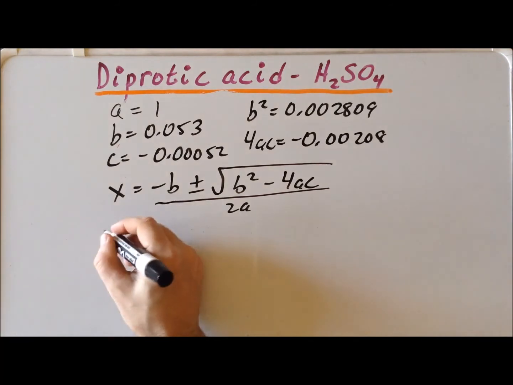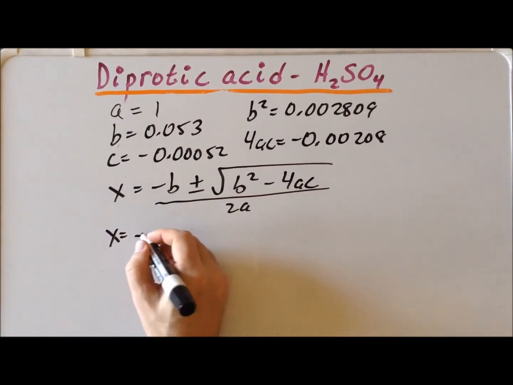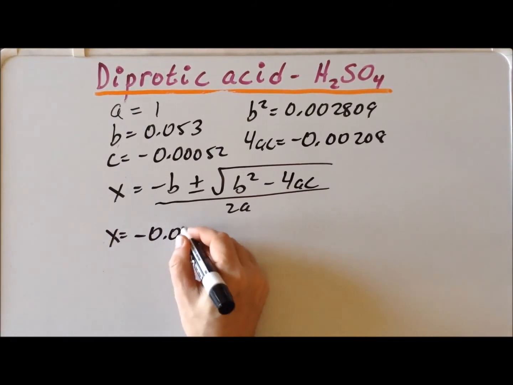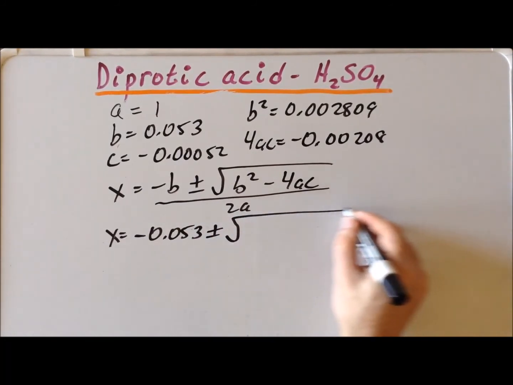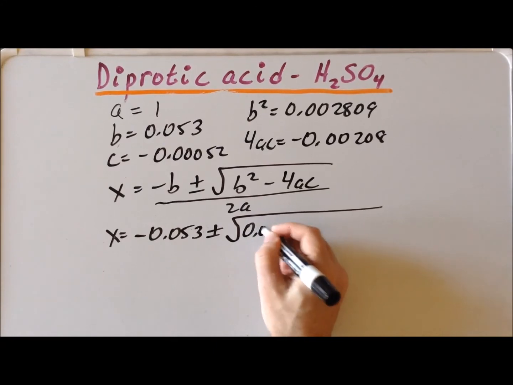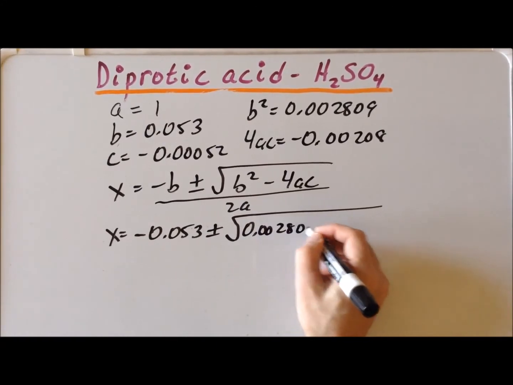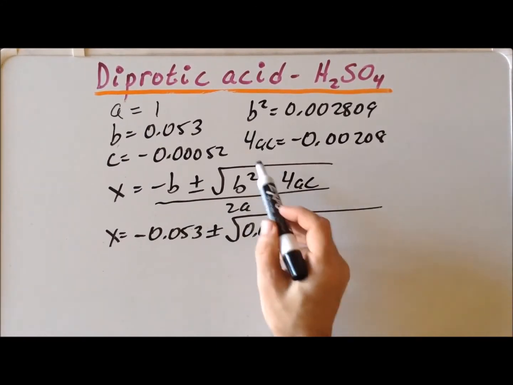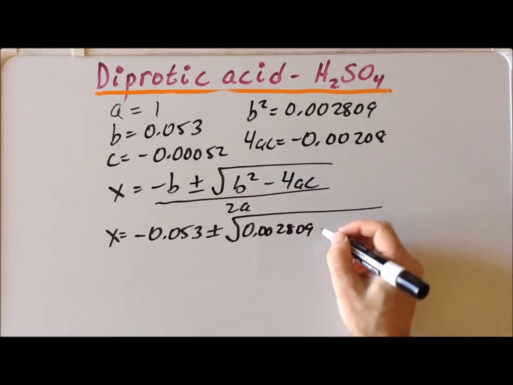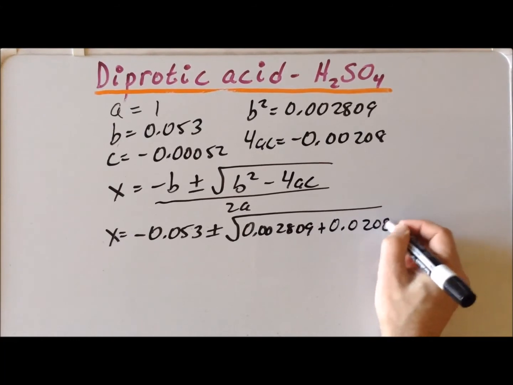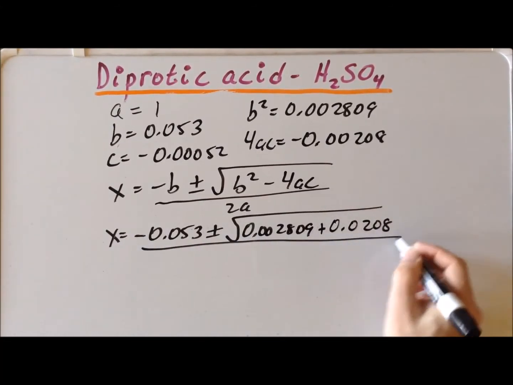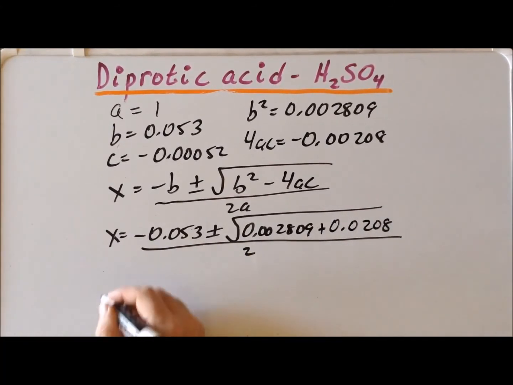So that gives us that x is equal to minus 0.053 plus or minus the square root of 0.002809 minus 4ac, with minus so it's a plus. 4ac is 0.00208, and we know that a is equal to 1, so divide it by 2.